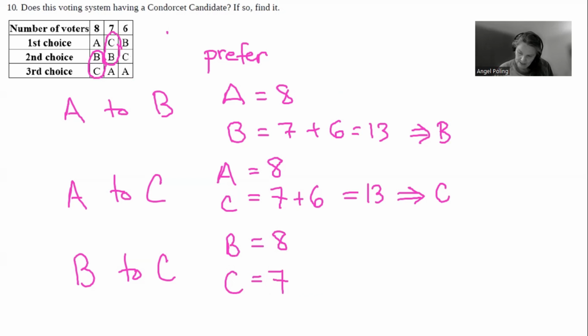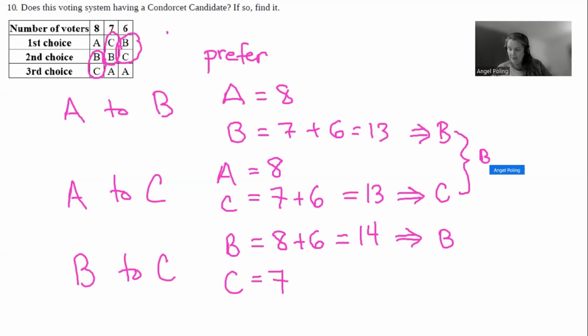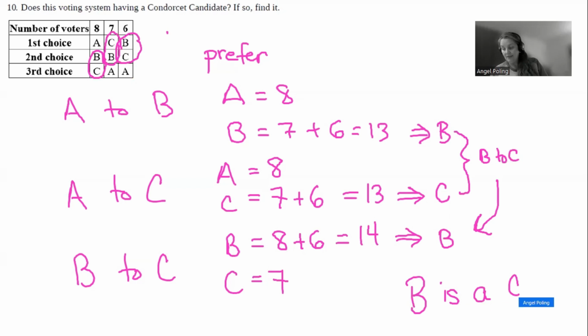And the last 6 prefer B over C. So here we have 14 versus 7, and B is preferred over C. So when we compared B to C, we got that B was the winner. So B is a Condorcet candidate.